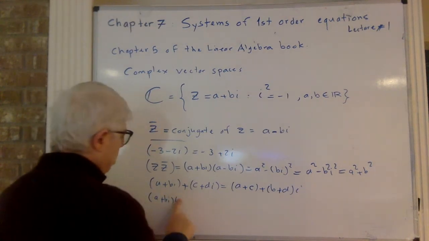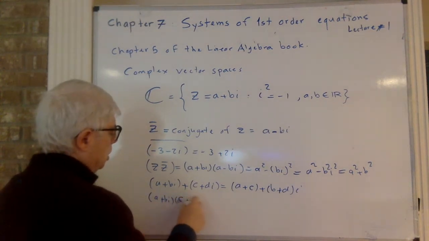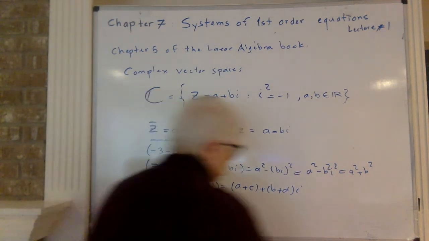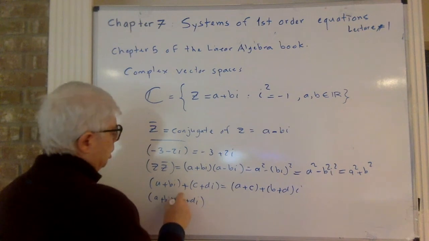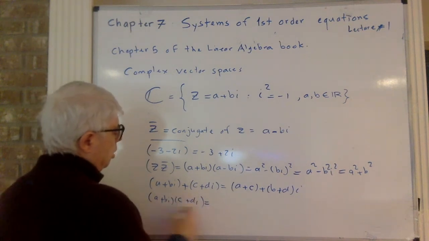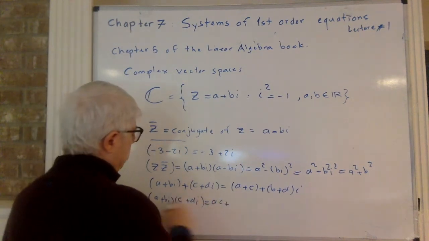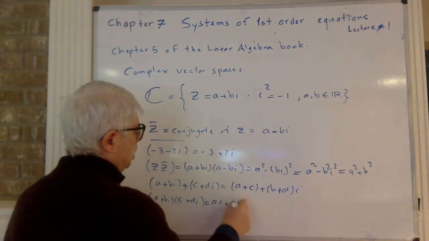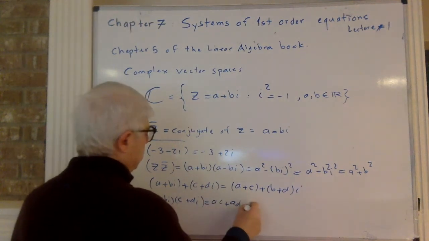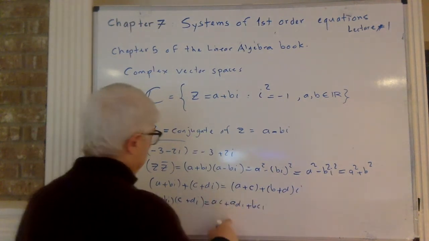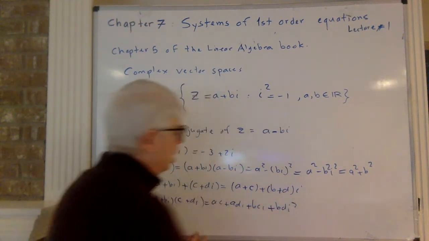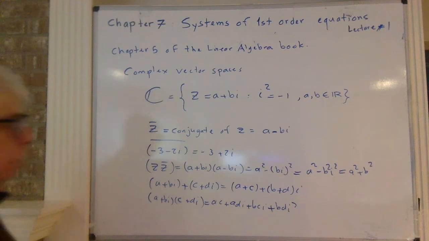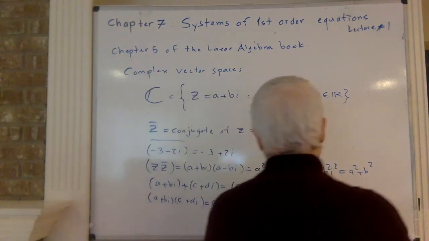Just FOIL it: ac plus adi plus bci plus bdi squared, and i squared should be -1, so don't leave it as i squared.